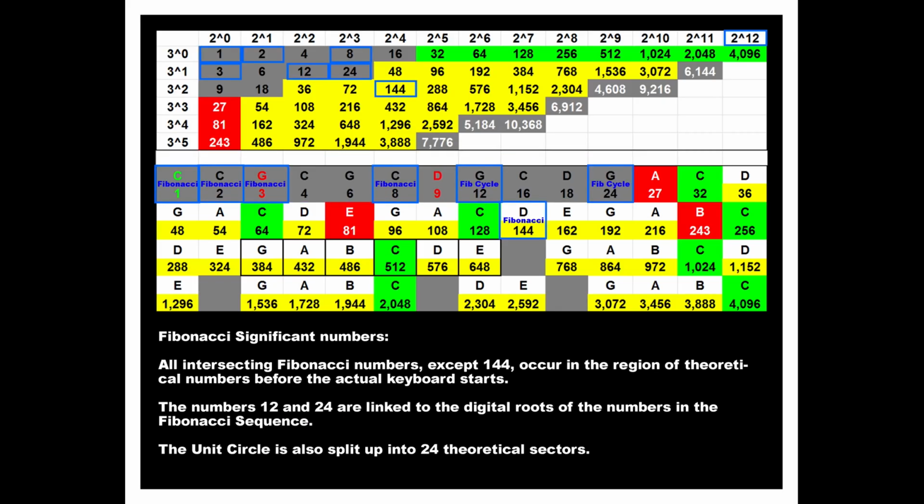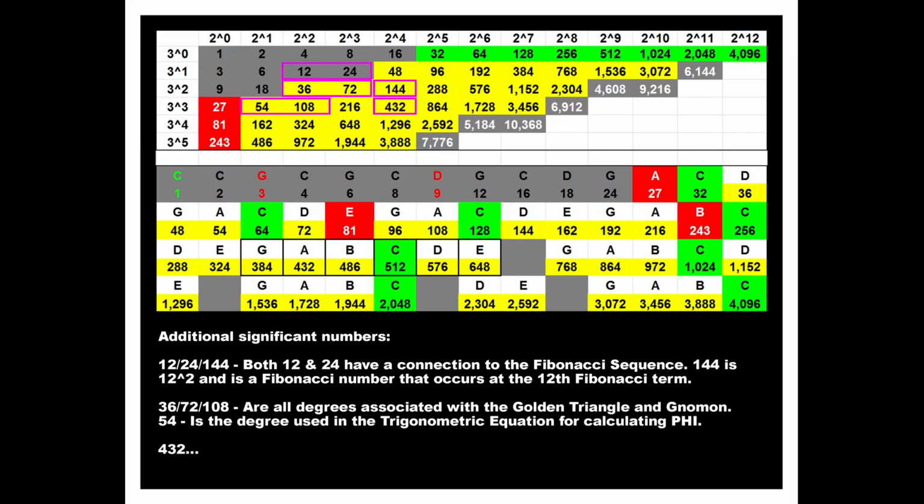Fibonacci significant numbers. All intersecting Fibonacci numbers except 144 occur in the region of theoretical numbers before the actual keyboard starts. The numbers 12 and 24 are linked to the digital roots of the numbers in the Fibonacci sequence. The unit circle is also split up into 24 theoretical sectors. 12, 24, and 144.